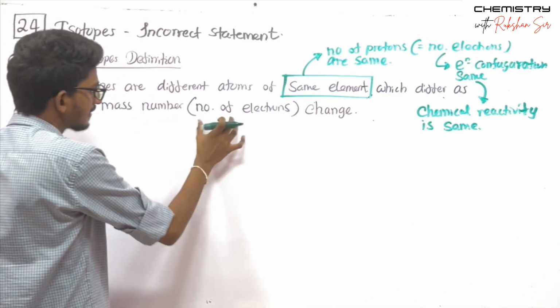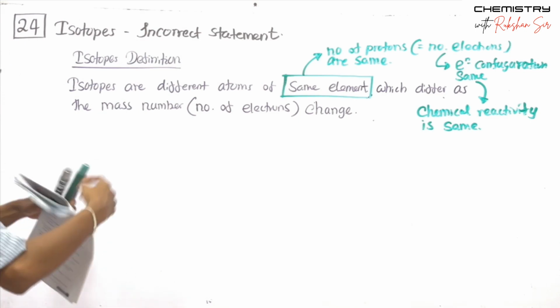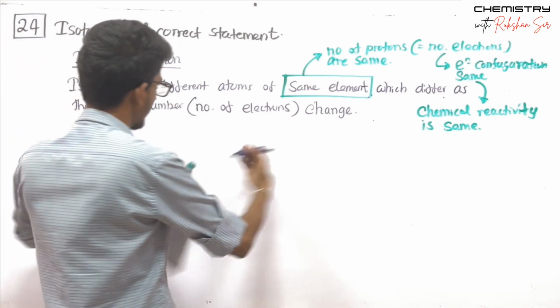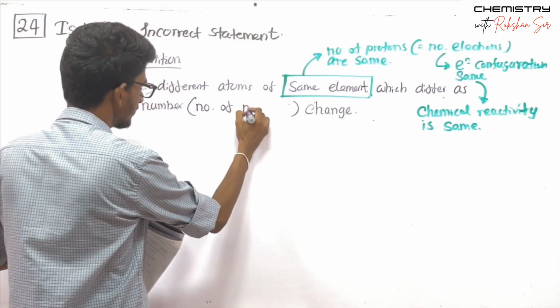The mass number changes because of the neutrons, not the electrons. Sorry for that. Neutrons change.